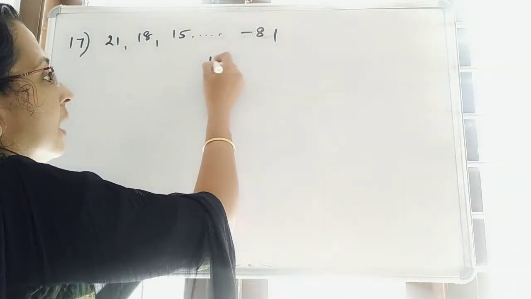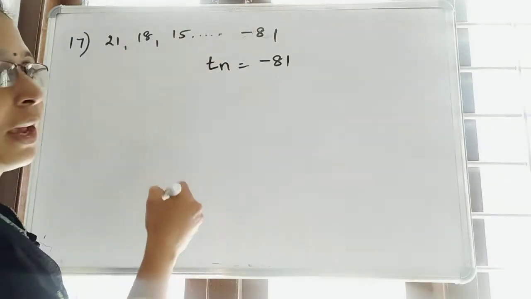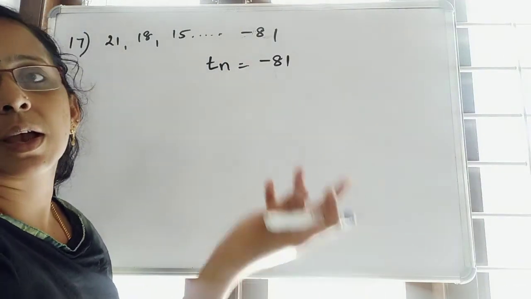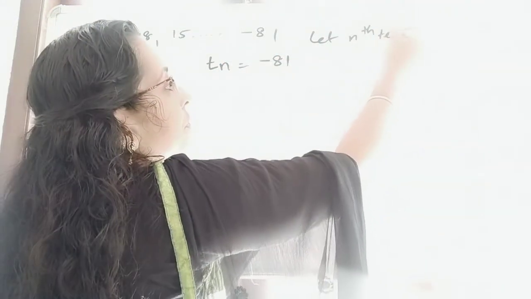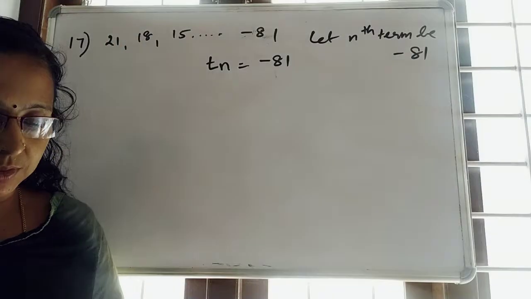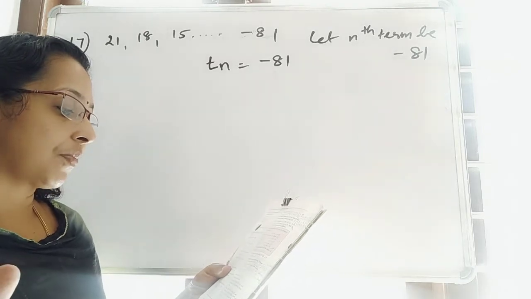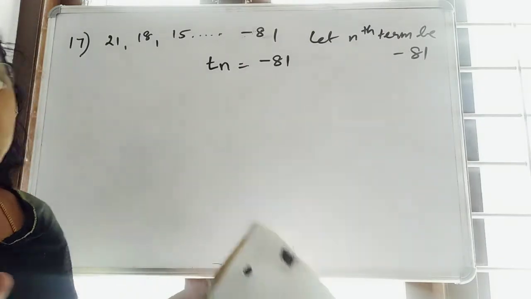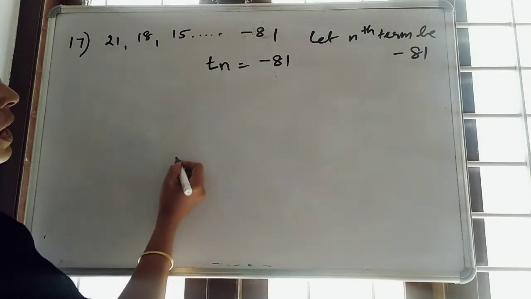Let the nth term be negative 81. So, which term of the series 21, 18, 15 is negative 81? We can replace Tn as negative 81.